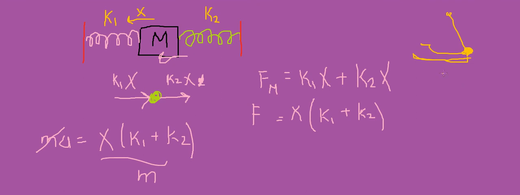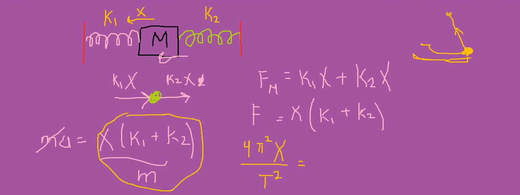Knowing this, and what the centripetal acceleration equals in this scenario, we can say that the acceleration of this simple harmonic motion would equal 4 pi squared times the maximum displacement x, over T squared, where T is the period, and this would equal the function we found.